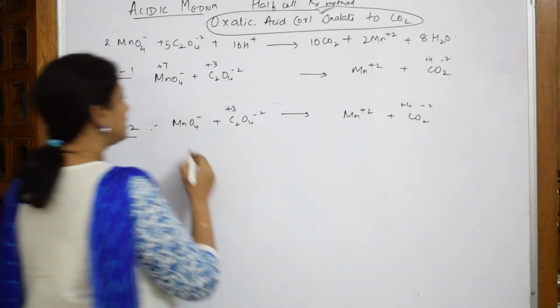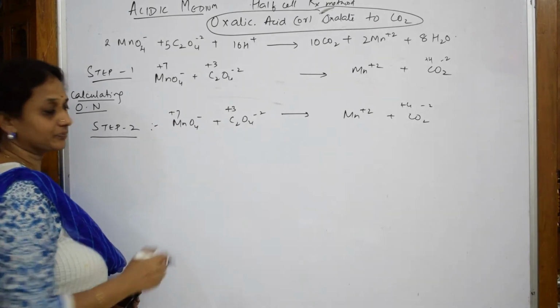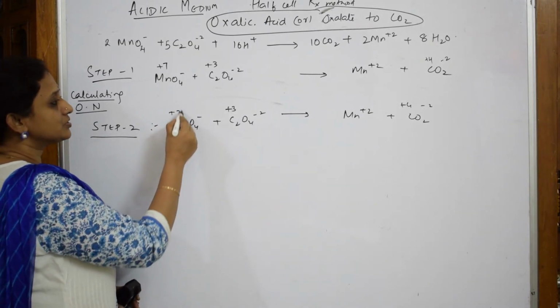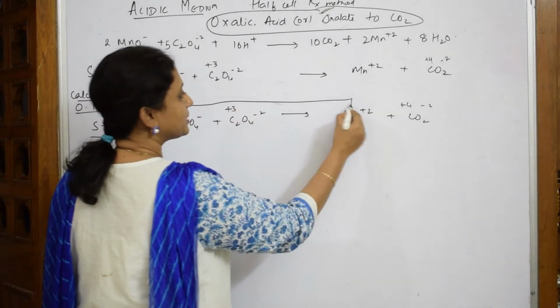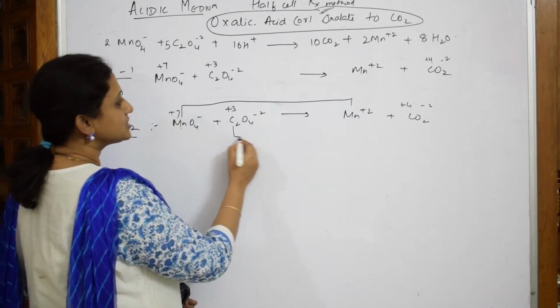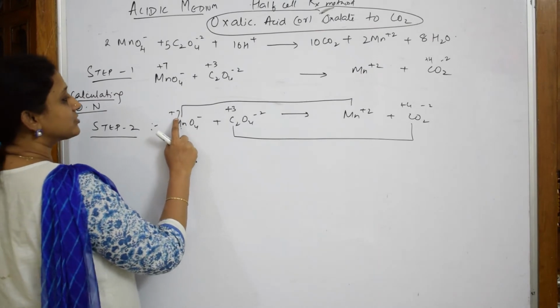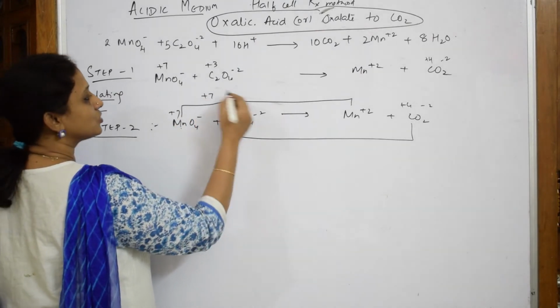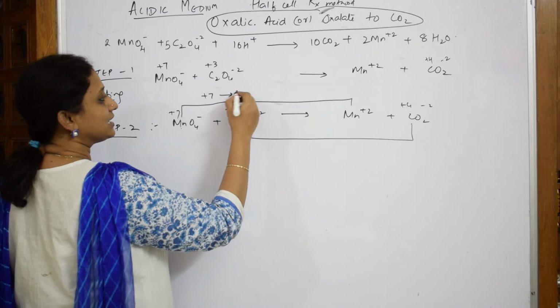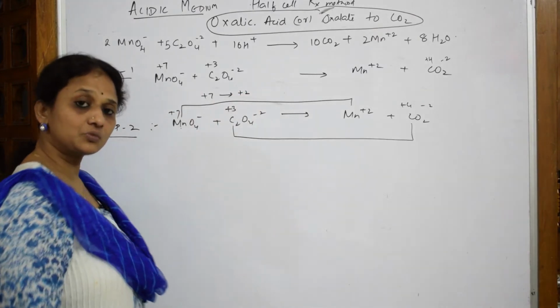Now see what is happening to this Mn and what is happening to this carbon. Here manganese from plus 7 has gone to plus 2.